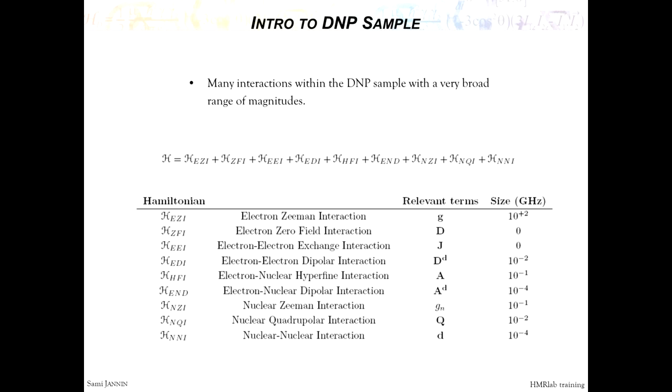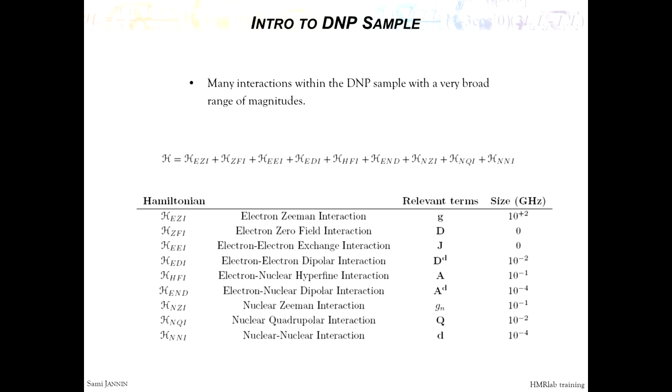Electron dipolar interactions are also important for us. Usually the electron-electron dipolar interaction is on the order of several tens of kilohertz, hundreds of kilohertz, or even megahertz. So it's much less than the Zeeman interaction. You can have electron-nuclear hyperfine interactions. That's the interaction between the electron and the nuclear spins of the radical, so the nuclear spins where the density of the electron is not zero.